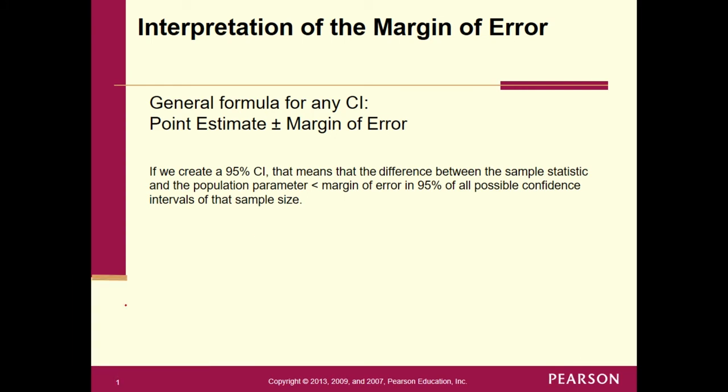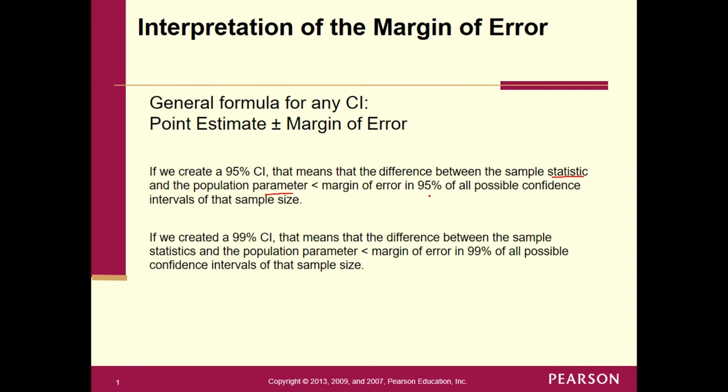It's saying that if we set the confidence level to 95%, the difference between the statistic and the parameter is going to be less than the margin of error in 95% of all possible confidence intervals. Right? In other words, most of the statistics are going to be pretty close to the parameter, so close that 95% of all possible confidence intervals will contain the parameter. That's what we talked about in the last section. Right?